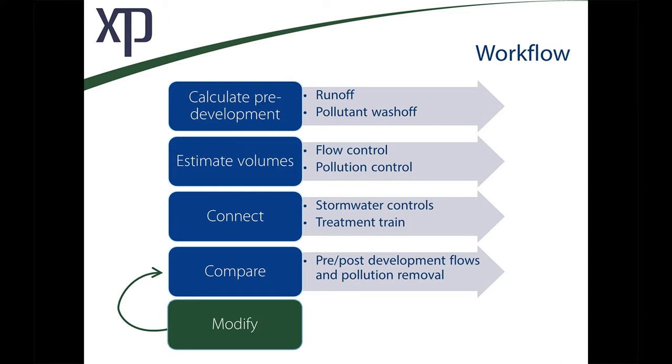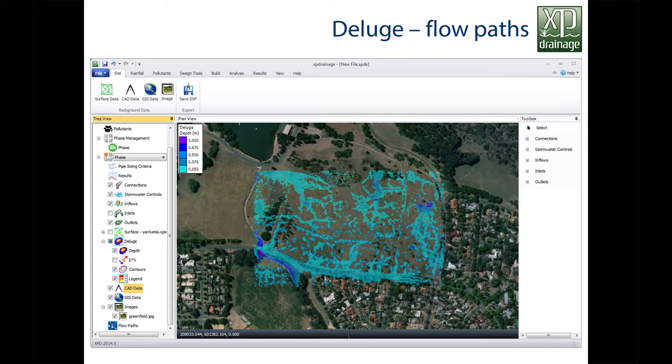And the software is really geared up to lead you through this workflow. So just to talk about a couple of things before we go into the software, we'll want to import data into the site, and we think that there's a real opportunity at the beginning of the development to do a quick analysis on our existing site to encourage consideration of the natural flow paths and ponding areas.